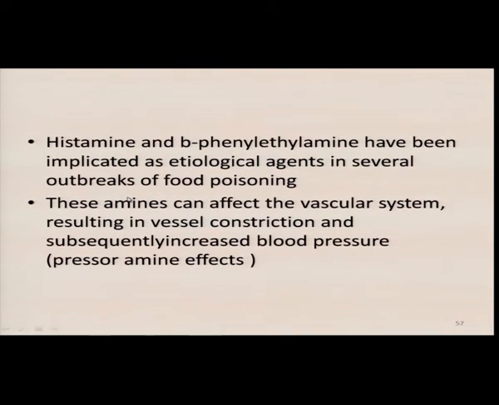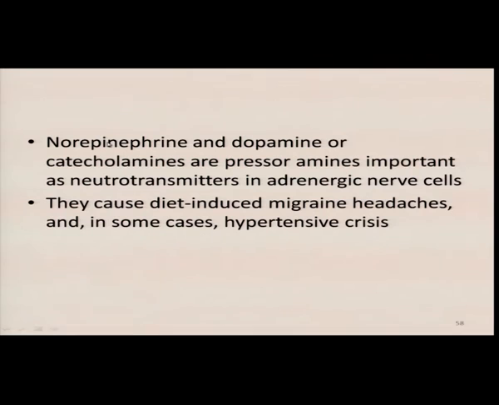So what do these biogenic amines, which are formed as a part of natural metabolism, do? They affect the vasculature, resulting in vessel constriction and subsequently increased blood pressure. This is called the pressor amine effect.